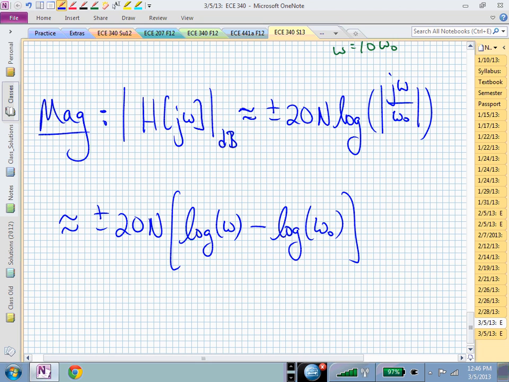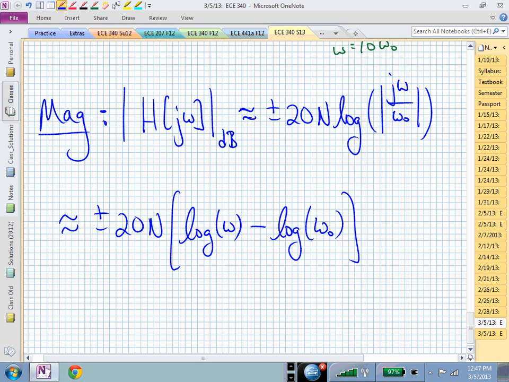And that may look a little bit messy until we realize what we're actually sketching. We're sketching the magnitude relative to the logarithm of the frequency. This is now our independent variable, this log of omega. Omega naught, for any given break frequency, is just a fixed number. And what can we say about this magnitude? If we look at what would happen when omega was equal to omega naught, these two cancel and we're at 0 dB.